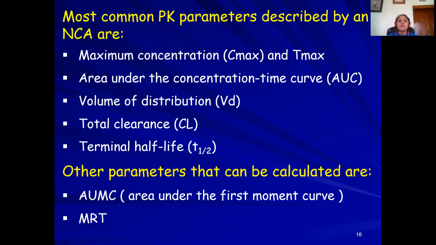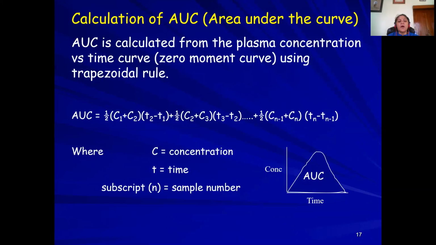Total clearance, TCL, as well as terminal half-life or the biological half-life, T half, also could be calculated from certain equations. The other parameters that could be calculated are AUMC, that is the area under the first moment curve, and the MRT. Let's see how AUC can be calculated.